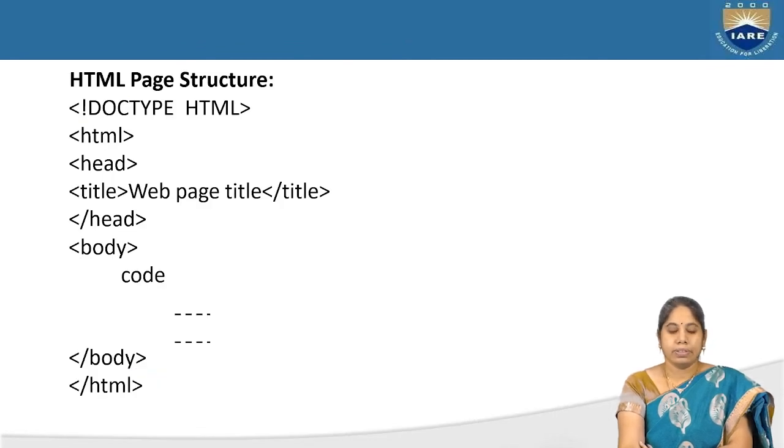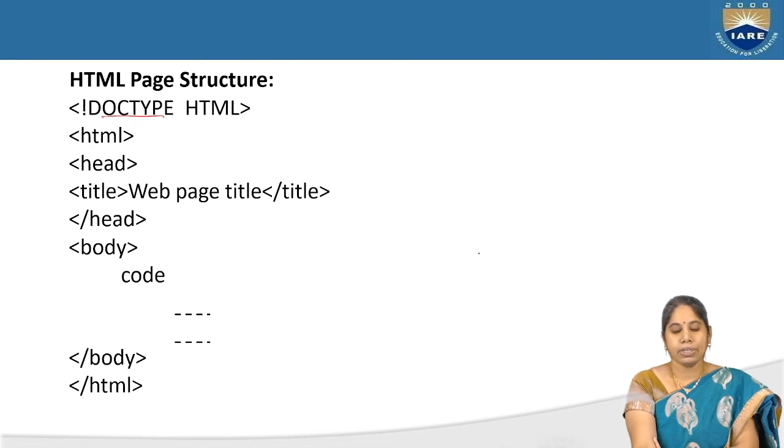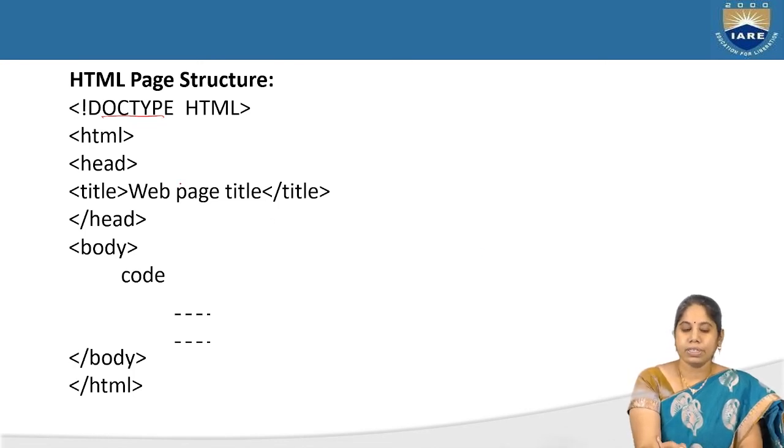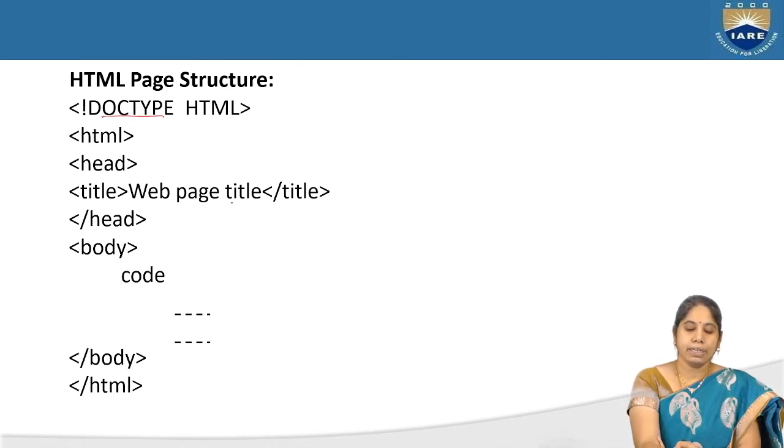If you observe, there is a doctype, because it is used in HTML 5 versions. In earlier versions you need not type the doctype; just giving the HTML tag is enough. HTML, header and title, web page title, and this is the structure.